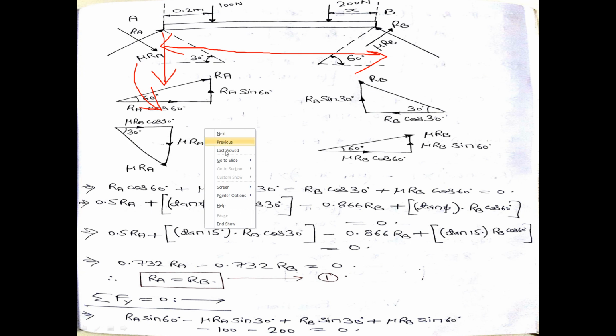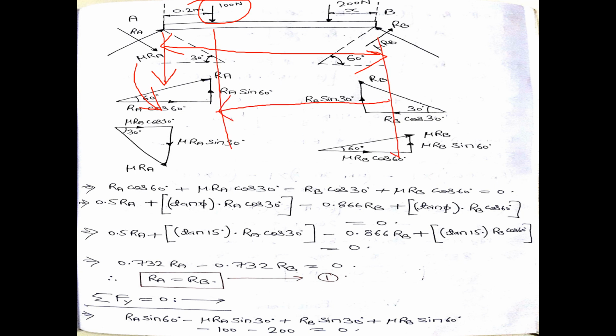Okay. Next is the moment of this force, that is 100 into the perpendicular distance from point B, and the overall distance is 1 meter. This distance is 0.2 meters, so this distance will be 1 minus 0.2, that is 0.8 meters. So the moment will be 100 into 0.8. Again it is creating anti-clockwise moment, so negative.